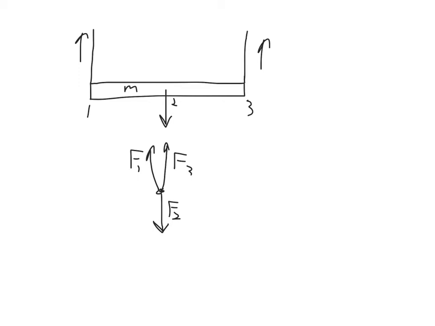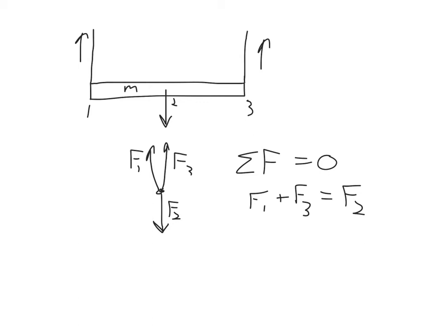And if we do our sigma F for this problem, you can make either direction positive or negative, but essentially sigma F has to add up to 0, so really force 1 plus force 3 has to equal force 2. And we will find that if this is a uniform rod, then force 1 and force 3 have to be equal to each other.